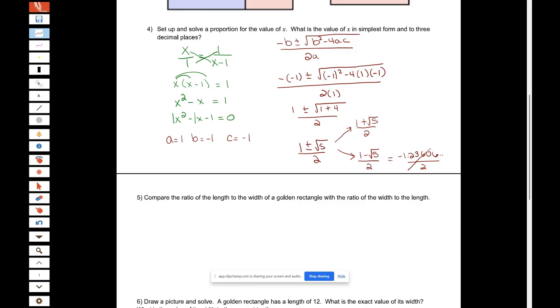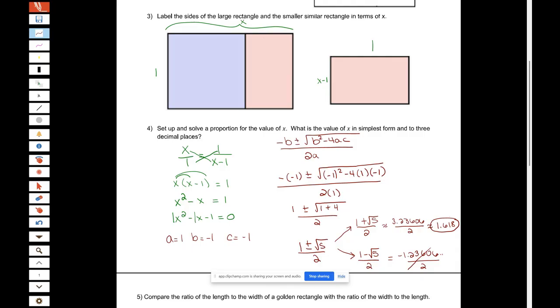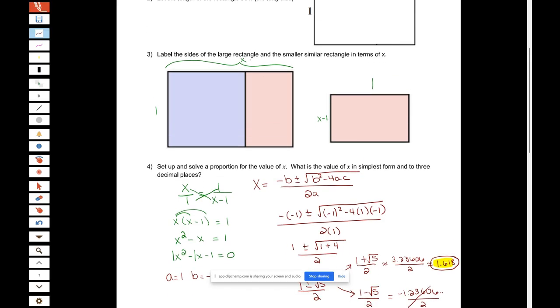If I do 1 plus square root of 5, I get 3.23606 and so on, over 2, which is approximately 1.618. So that means that x, because when you do the quadratic formula, you're getting the solutions for x, is approximately 1.618.